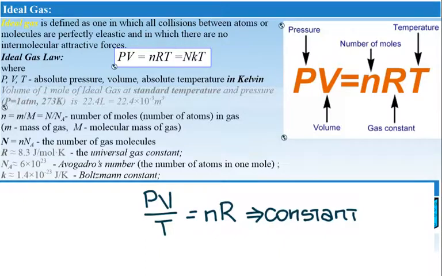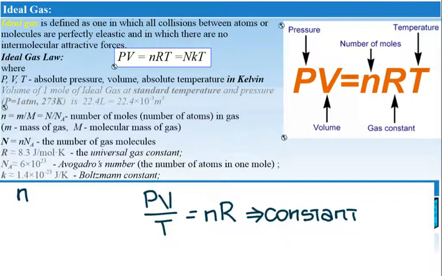Also, if you want to calculate the number of gas molecules in the gas, because n stands for moles, n is the number of moles, and 1 mole is defined as exactly 6.022 times 10 to the 23rd particles, in other words it's called Avogadro's number.